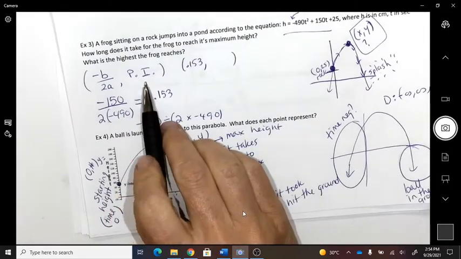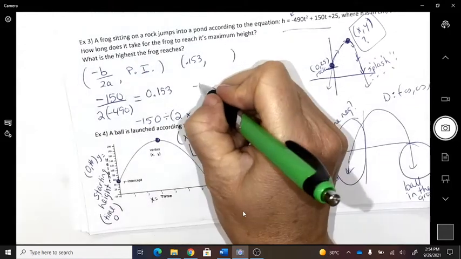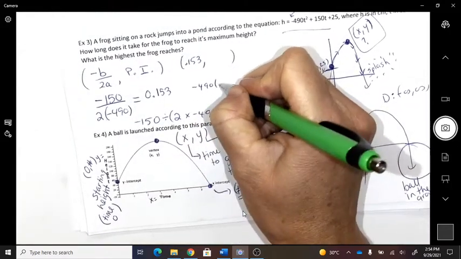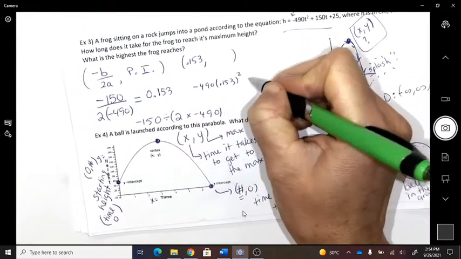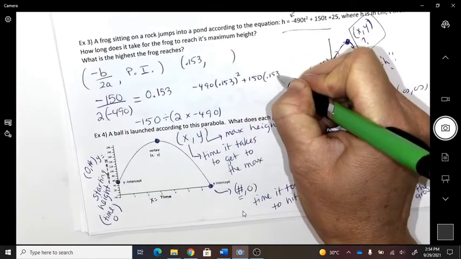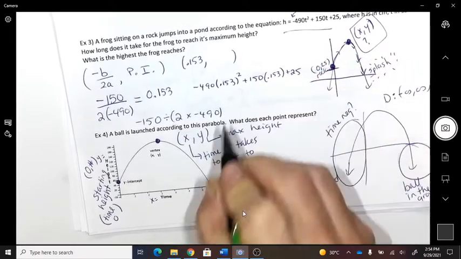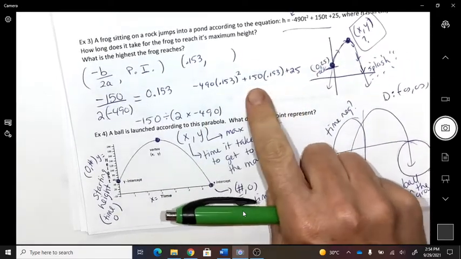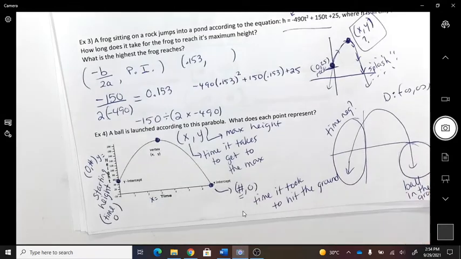So I need to plug it in. So negative 490 times 0.153 squared plus 150 times 0.153. I'm putting that into my calculator.